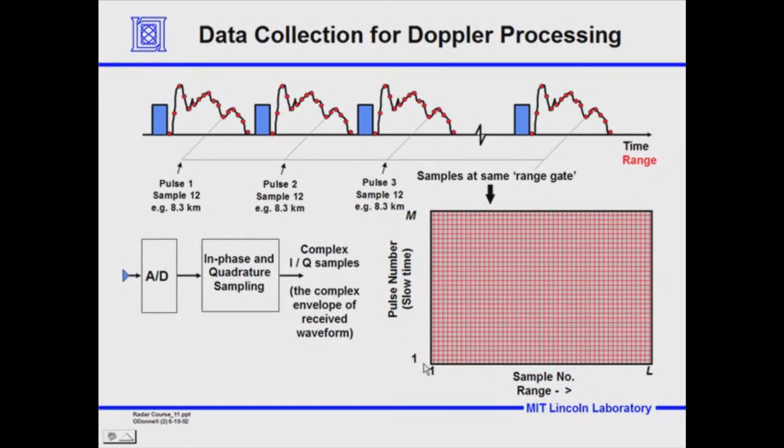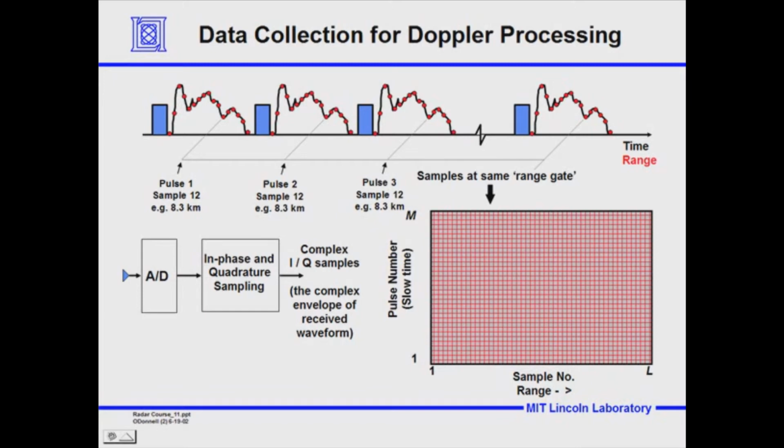So we'll count over, and for this first pulse, we fill up this matrix with the real samples, and we have another matrix just like it we're filling up with the imaginary samples. If you go over to the 12th column, the number that's stored there is the echo, or the noise, if there wasn't a target there, from the 12th sample, which corresponds to a range of 8.3 kilometers.